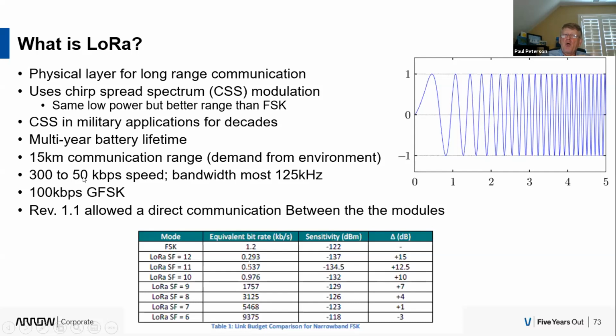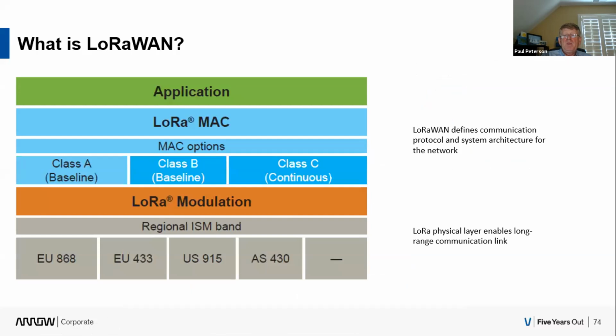So we're not sending large amounts of data, but we are able to send it very long range with low power. We also see a protocol standard, if you will, that has been layered on top of LoRa called LoRaWAN.